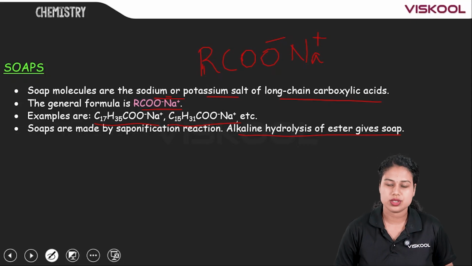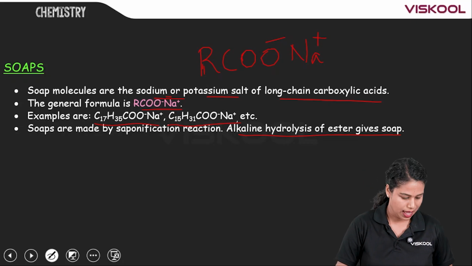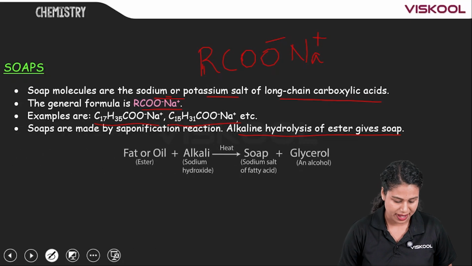Alkaline hydrolysis of ester gives soap. Alkaline hydrolysis means we take an alkali like sodium hydroxide. So this ester on hydrolysis using sodium hydroxide gives alcohol along with the salt of carboxylic acid, which is the soap. Then here you can see the reaction.